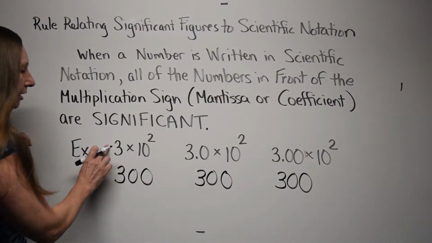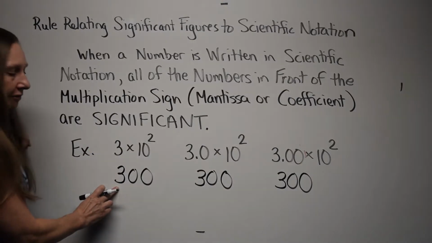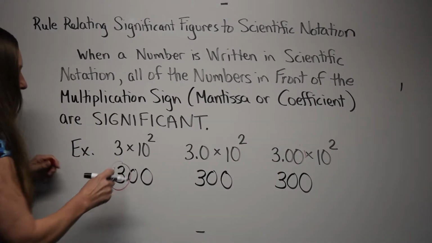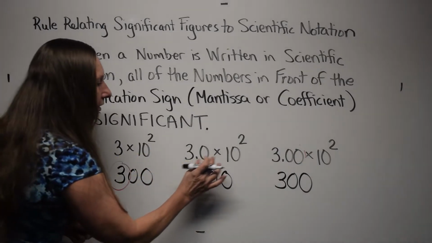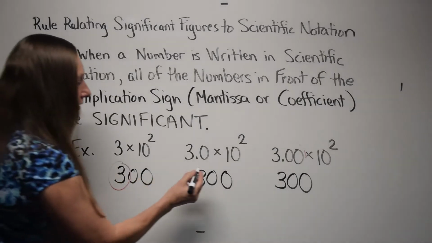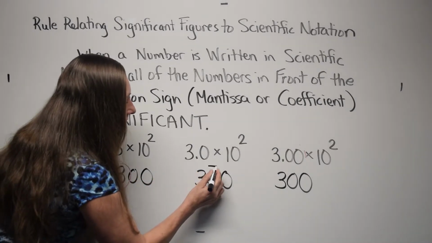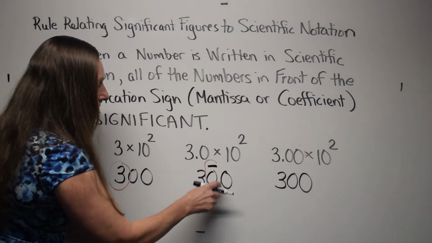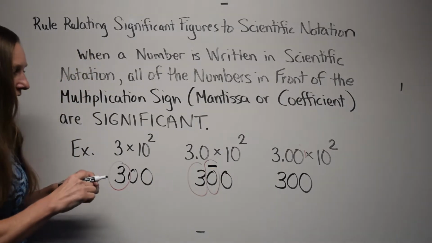But here the number 300 has one significant figure. So this is finished. One significant figure. Here, the number 300 has two significant figures. So you're going to need a dashed 0. All right, so that's showing 1, 2 significant figures.